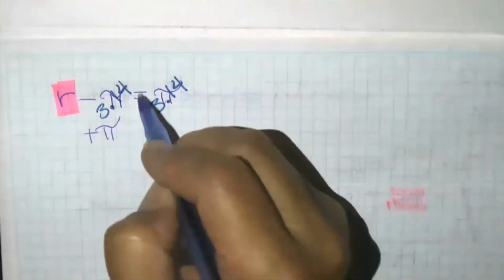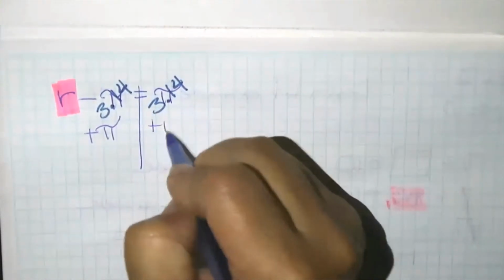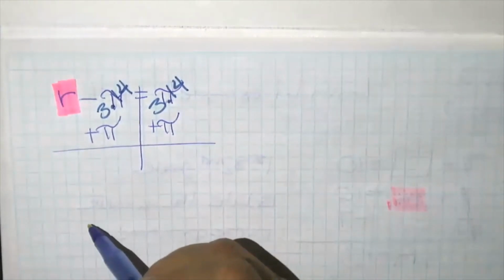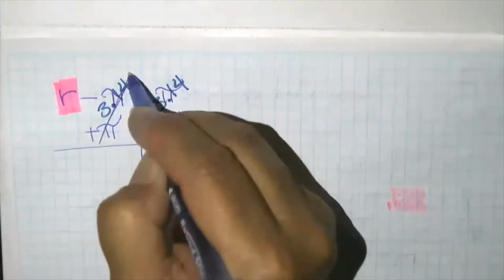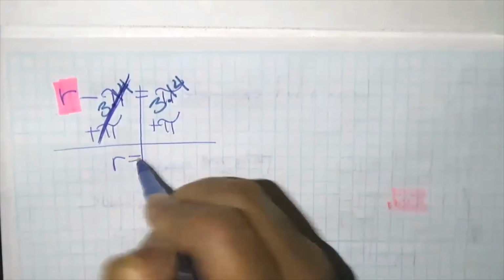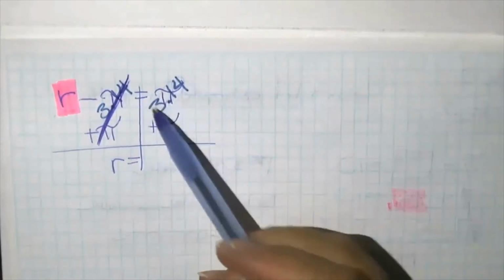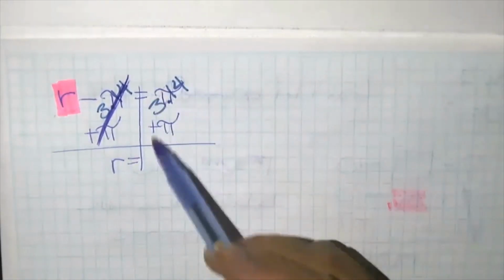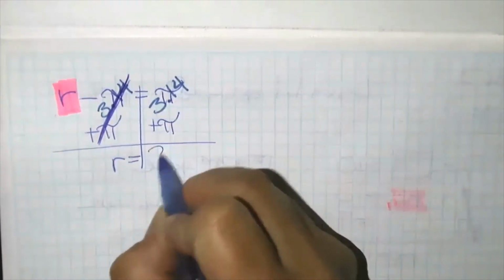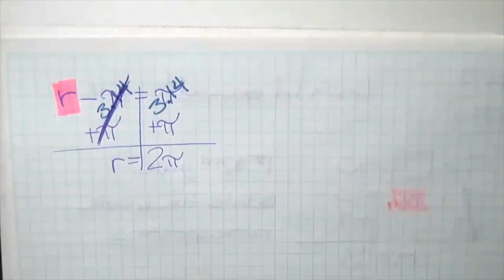What I do to one side, I must do to the other. So these pi's cancel. I'm left with R equals, now here's one pi and here's another pi. How many pi's do I have? 2. They're positive, so I'm adding. I have 2 pi's.